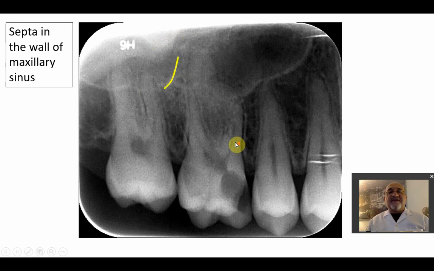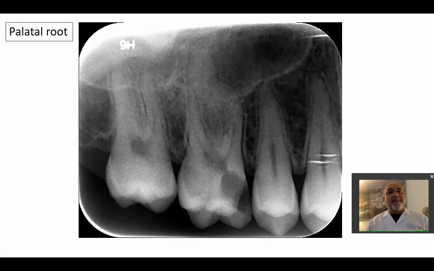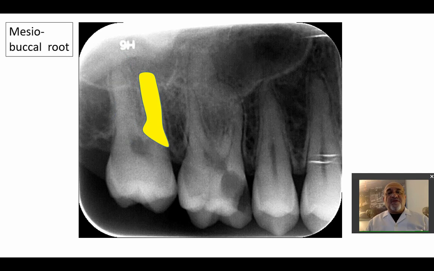And this is, as I said earlier, a septum inside the maxillary sinus. Palatal root of the upper 7, and the mesiobuccal root of this tooth, and this is the distobuccal root of the tooth. So this is the root over here, one, palatal, and this is the distobuccal.